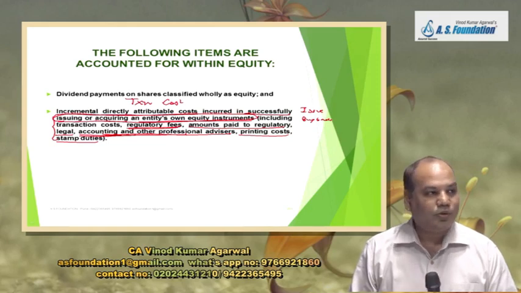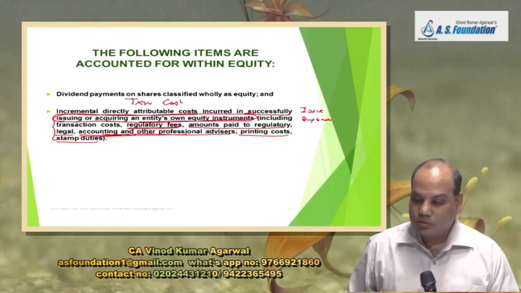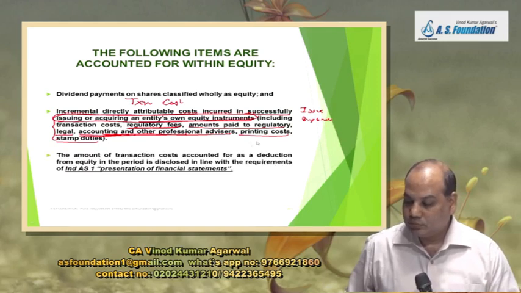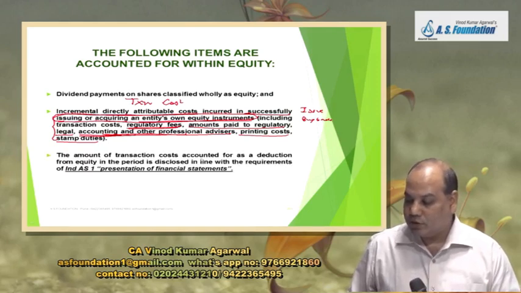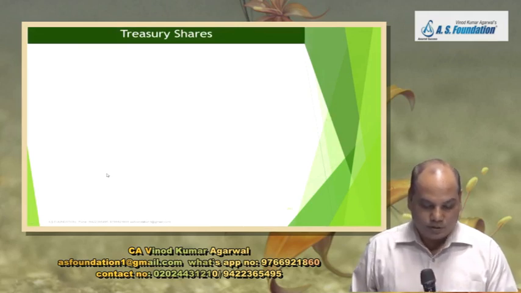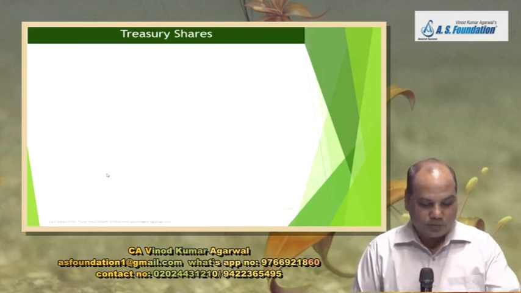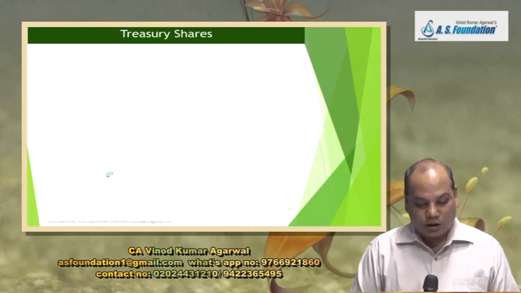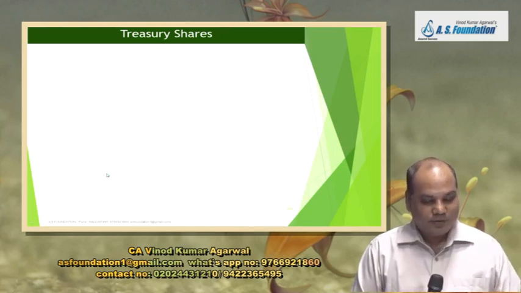Other expenses will go to profit and loss. The amount of transaction cost accounted for as a deduction from equity is presented as per IAS 1, financial instrument presentation of financial statement. Now the last few paragraphs.